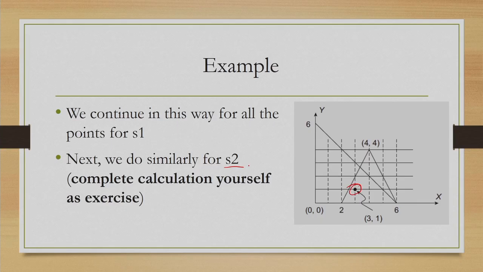We skip all the other calculations here and it is left as an exercise for you to complete the calculations. So, that is the idea behind the depth buffer algorithm or the Z buffer algorithm.